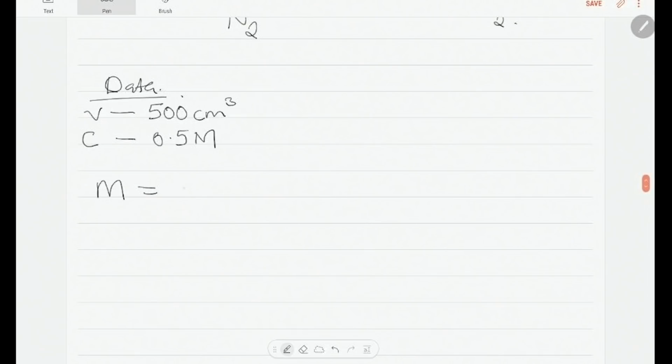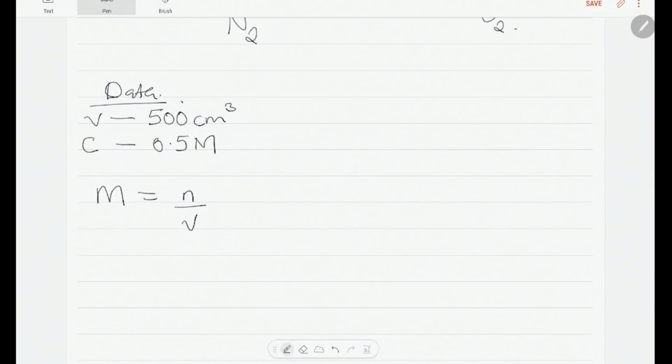But before we come to this, for now, let's look at what we've been given and see how we can find the answer. The question is asking us to find the mass, but we cannot find the mass without knowing the number of moles. So for us to find the number of moles, we use the formula, which is here. Molarity is equal to number of moles over volume.